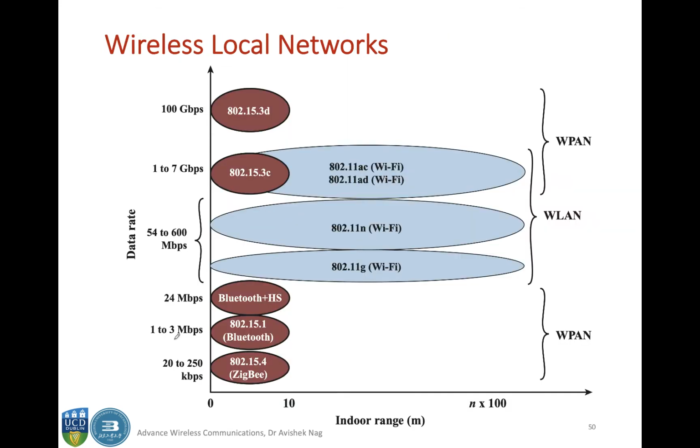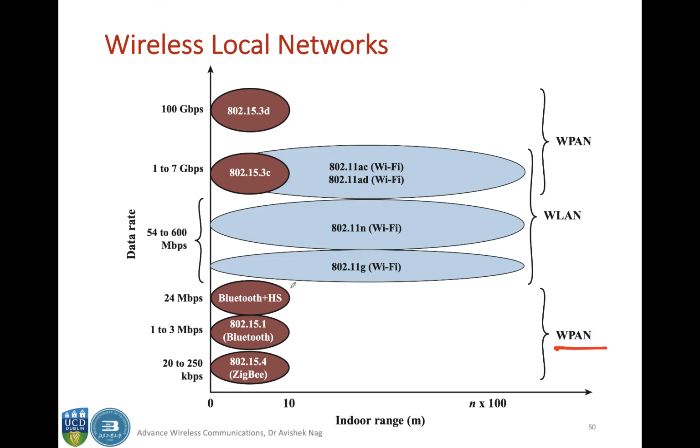So moving on, this picture also shows you the relative comparisons of data rate and the range of these different 802.15 technologies compared to 802.11 technologies. As you saw in the previous video lecture, as an introduction to this 802.15, they were mainly meant for wireless personal area networks.